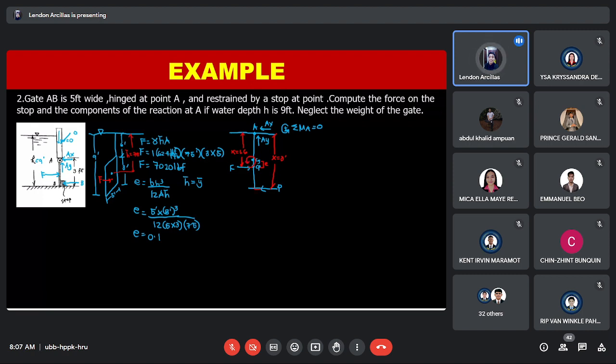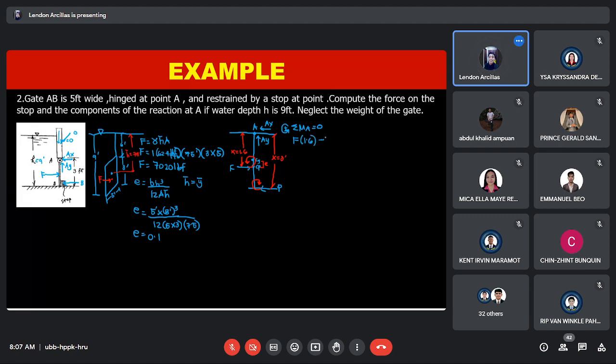Ang P, pag ganyan, towards the point where we take moment. So, magiging clockwise ang P. So, ganun din kanina. So, that is, again, yung AX and AY, 0 na yan since yung lever arm niya is 0 from point A. Ang F natin is positive since that is counterclockwise. So, F times 1.6.